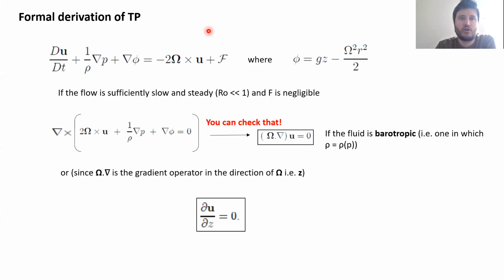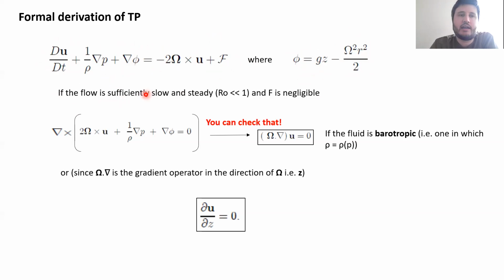This is the equation of motion, where now we put the three components of it. This is just a way to express the acceleration due to gravity, plus, remember, the centrifugal force, Coriolis force, friction, pressure gradient force, and acceleration.